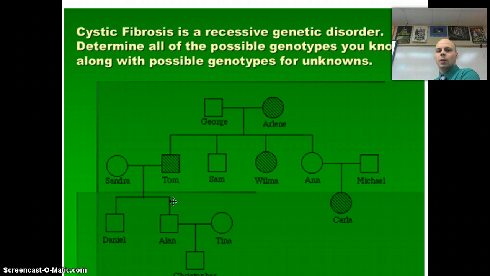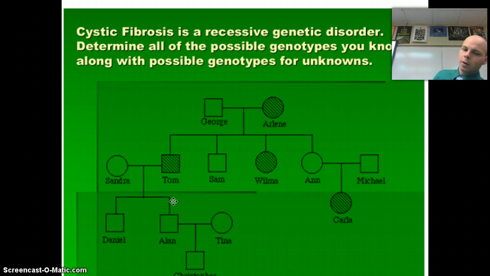And cystic fibrosis is just a recessive disorder in humans, and in the notes here we're going to end up having a little bit more information on those. But based on this cystic fibrosis, we can figure out the genotypes of most of these individuals shown on the pedigree.